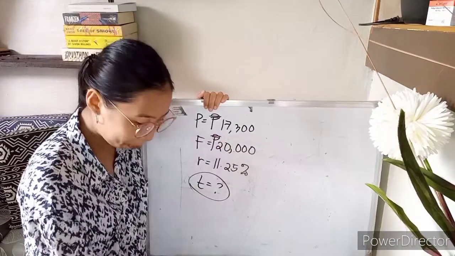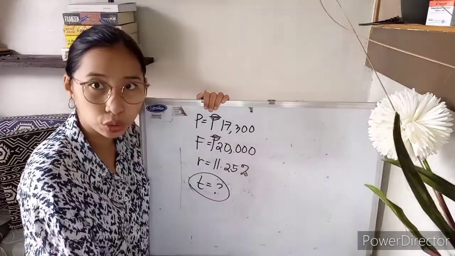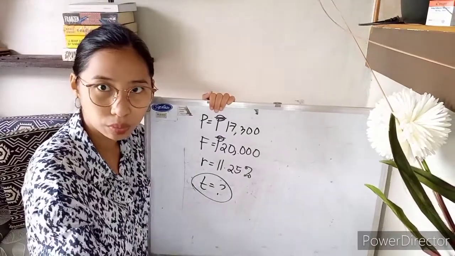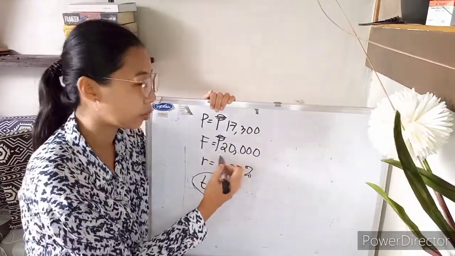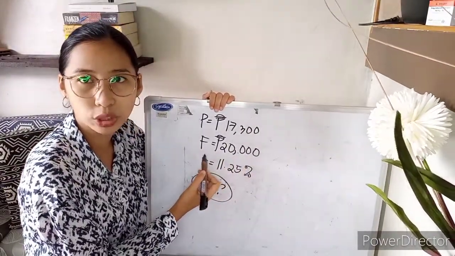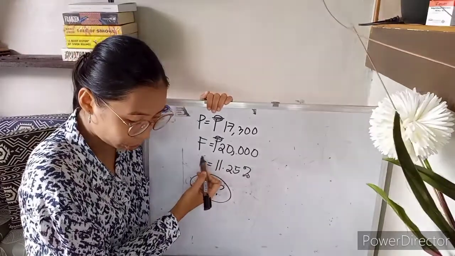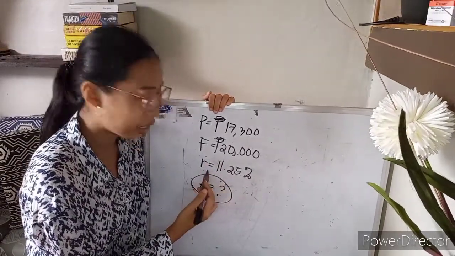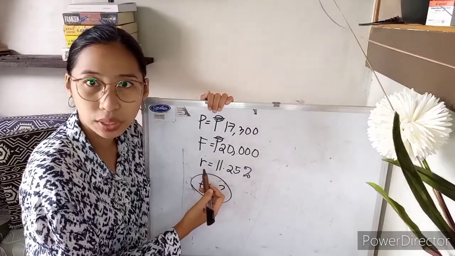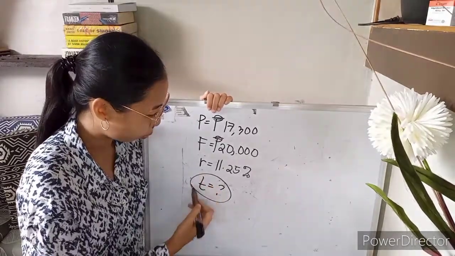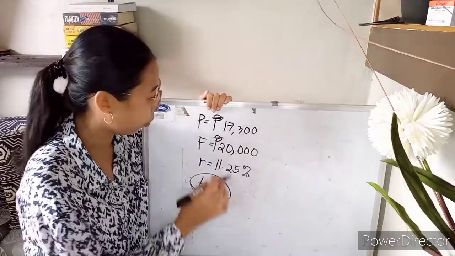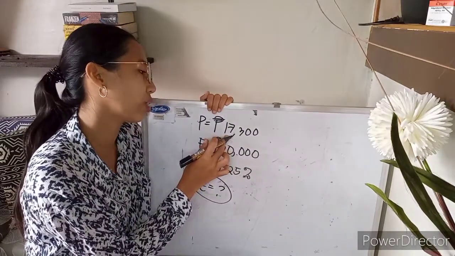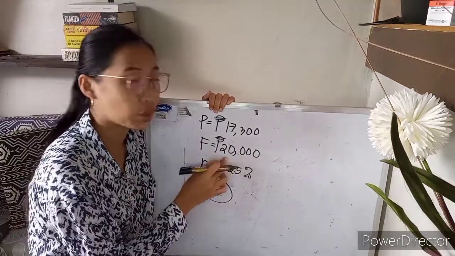That is your P. To amount to, mutubo siya into the value, 20,000, which is your future value. Muna ni siya ang iyang pinaka total na tubo. And then, with a rate of 11.25%.